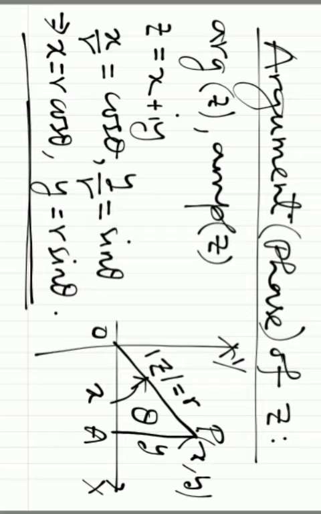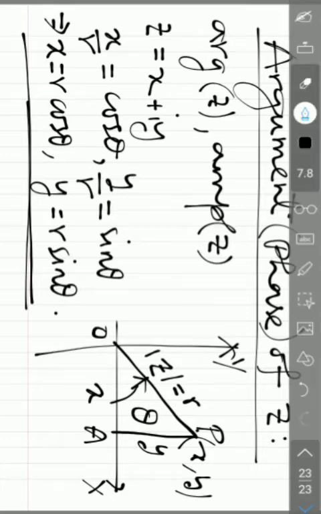Depending on the two values cos theta and sine theta, we can also deduce the quadrant in which theta is lying. So from this information you can easily find the argument of a complex number.